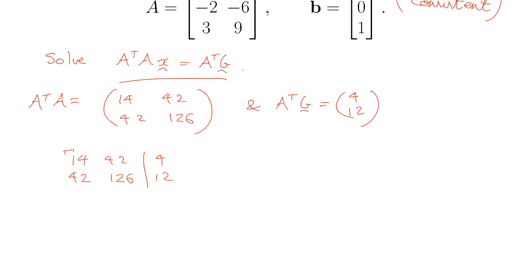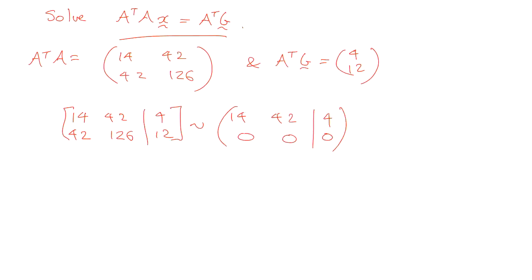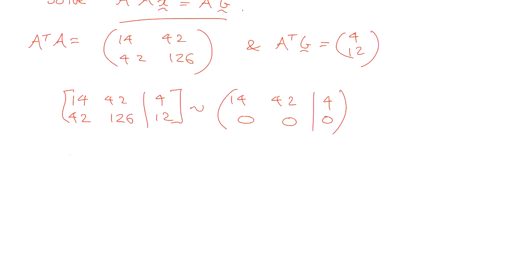So now this is just first year Gaussian elimination. You row reduce it, put it in echelon form. In this particular case, we find, even though it's a 2x2 system, we only have one pivot. So there's going to be a free variable.